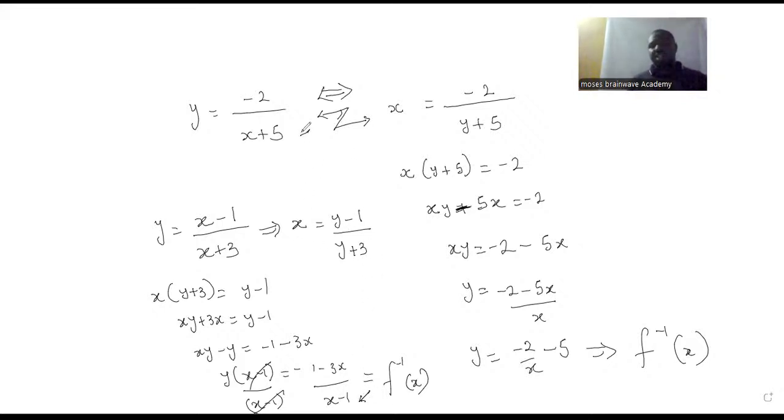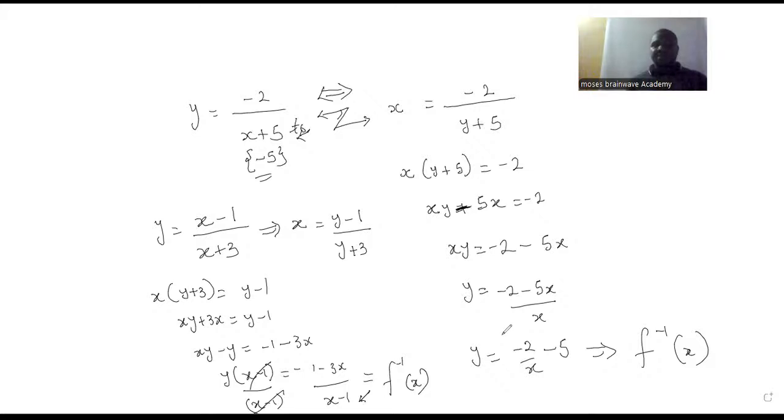Now remember, in our denominator, we consider the denominator when we're dealing with a function. At this point, you remember, for this function to be defined, x here, the denominator, cannot be 0. So it's everything except minus 5. So minus 5 is not going to be in the domain of this particular function.